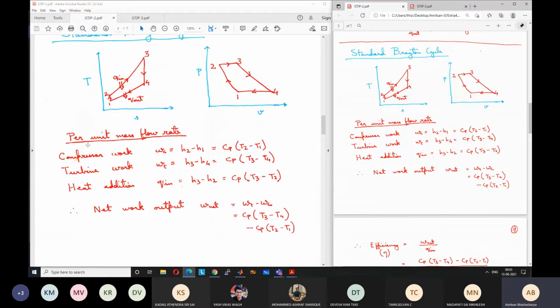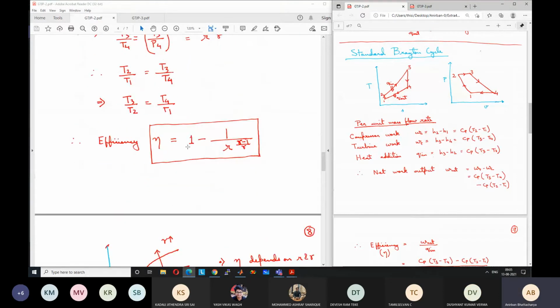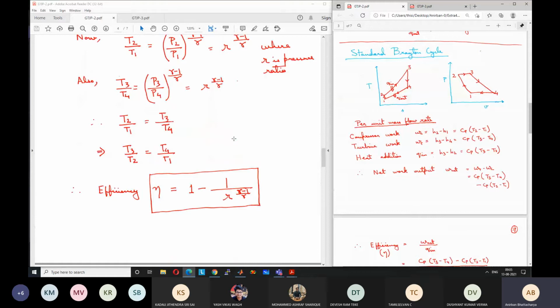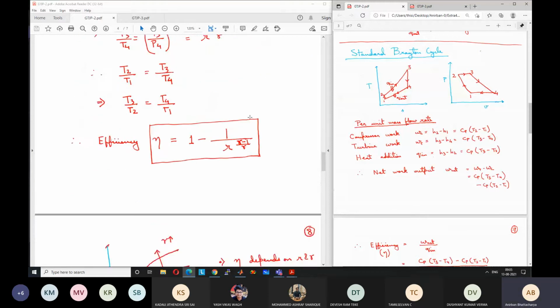And we can easily analyze the cycle if we assume that the Cp remains constant. All the enthalpy changes can be written in terms of Cp into delta T. And with this, we had found that efficiency can be written as 1 minus 1 by R to the power (gamma minus 1) by gamma, where R is the pressure ratio, or compression ratio, which is an important design parameter.